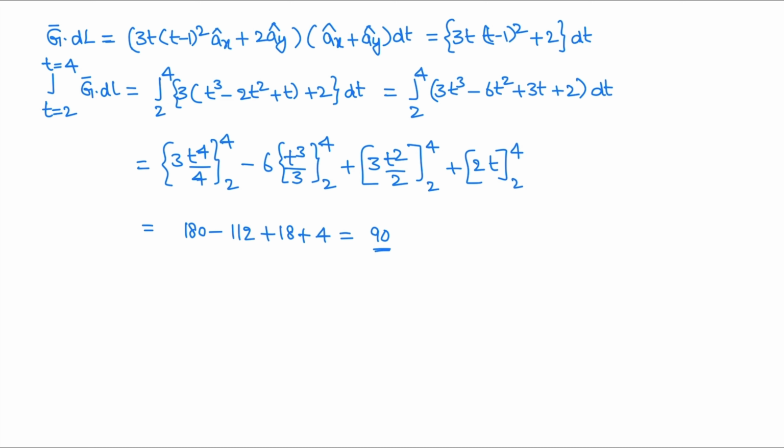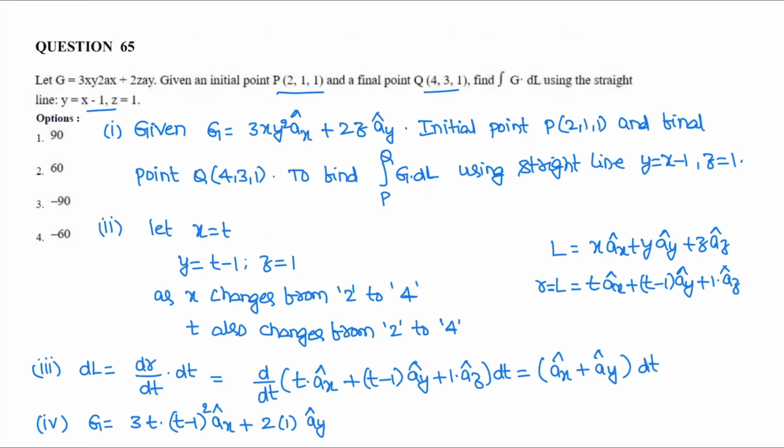Integral, and then start integration from 2 to 4, because x goes from 2 to 4, t goes from 2 to 4. After integration, the value of G bar dot dl bar from the initial point to the final point is 90. The value of the integration is 90. Correct option is 1.